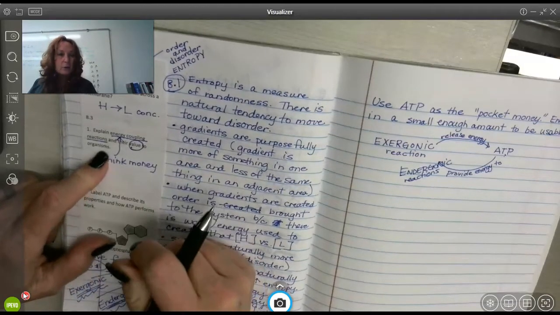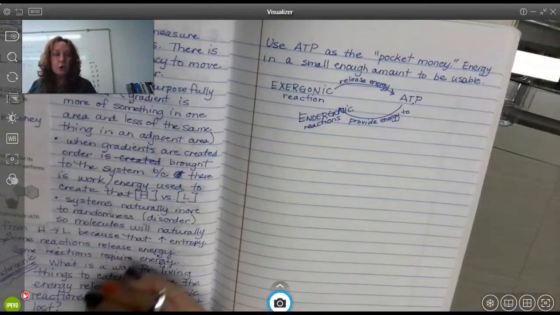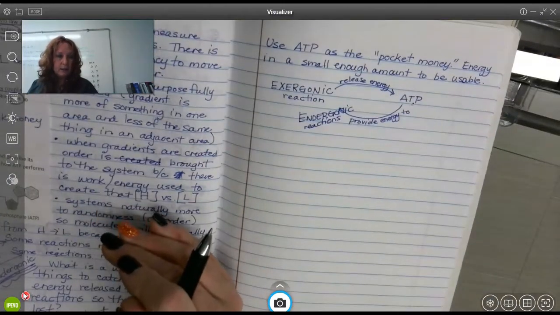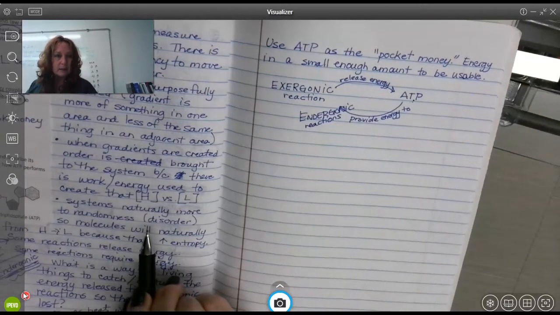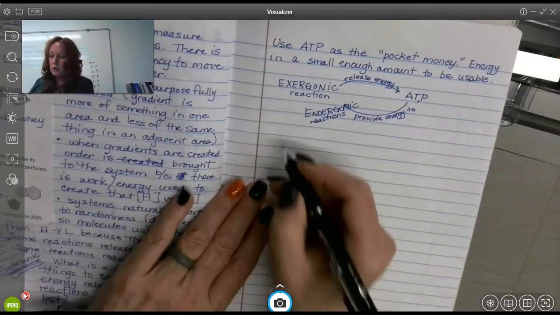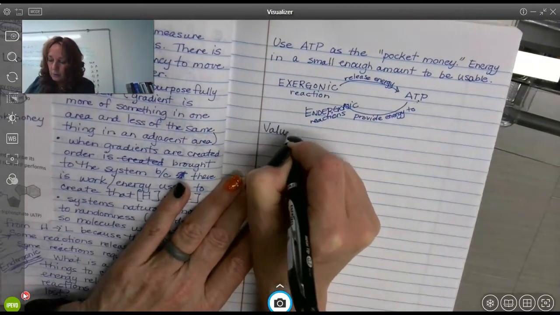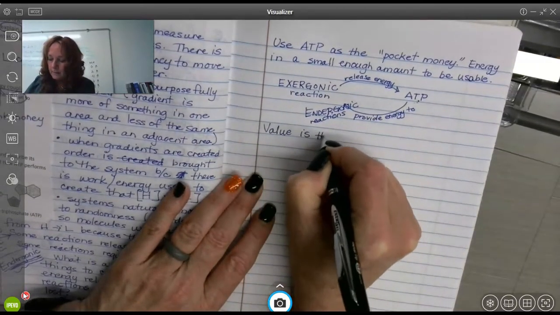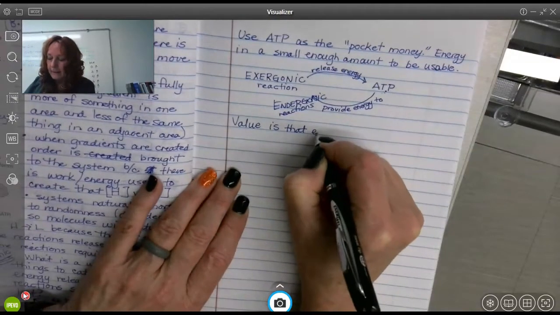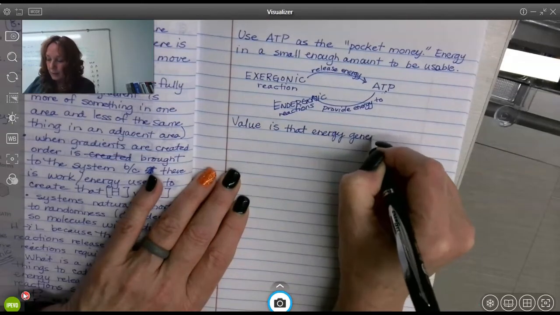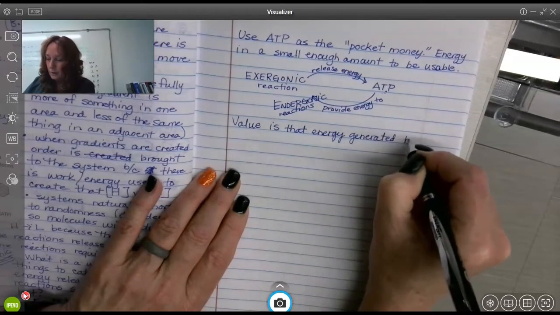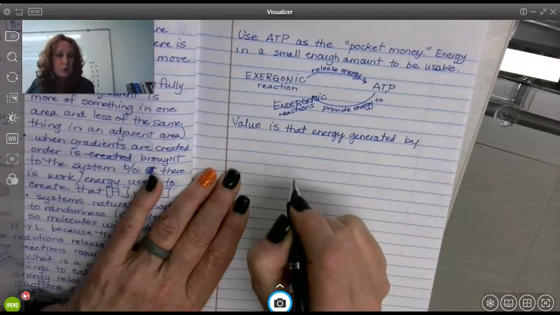The value is you don't lose that energy every time you have a reaction that releases it. Living systems would not survive. So the value is that the energy generated by these exergonic reactions is available to do work.